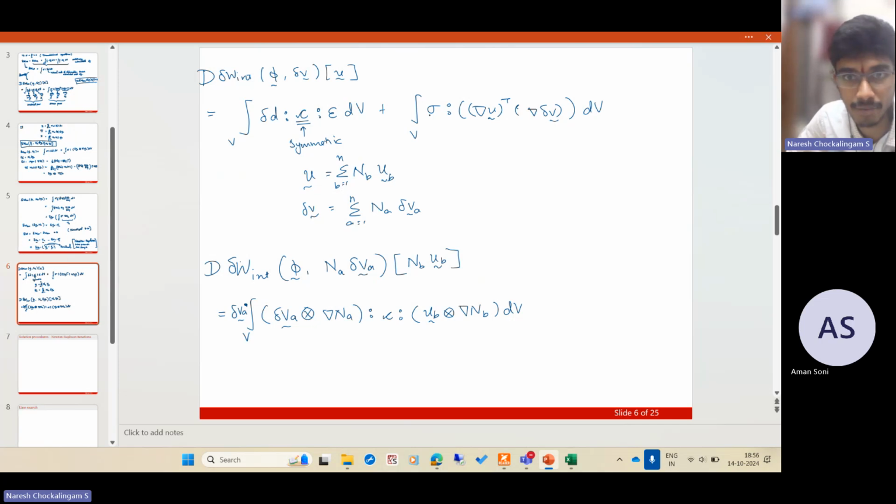So this is the material part, and you also have the stress part. Right, so there's no del VA here. Yeah.